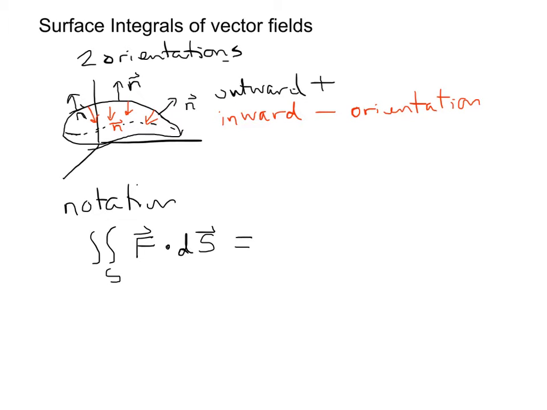We can calculate these as a double integral over S of a vector field dotted with the normal vector, dS. Now notice the difference here. The first one has a vector for S. The second one is just a differential of S. And these are different. The first one is just notation to say, hey, we're going to find a surface integral of a vector field.